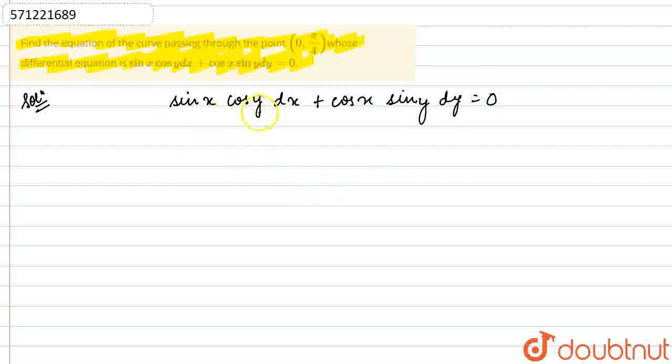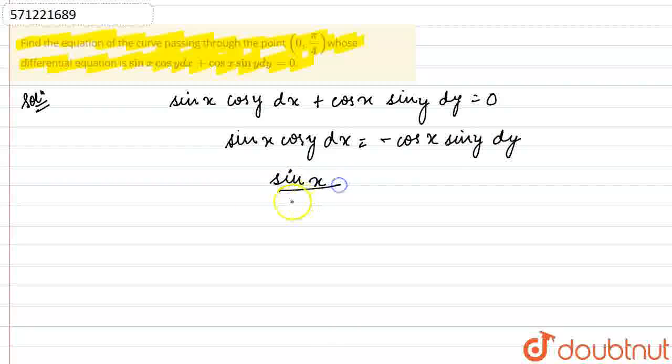So firstly, I'll separate the variables. I'll write this as sin x cos y dx is equal to minus cos x sin y dy. Now on separating the variables, what I'll get is sin x upon cos x dx is equal to minus sin y divided by cos y dy.